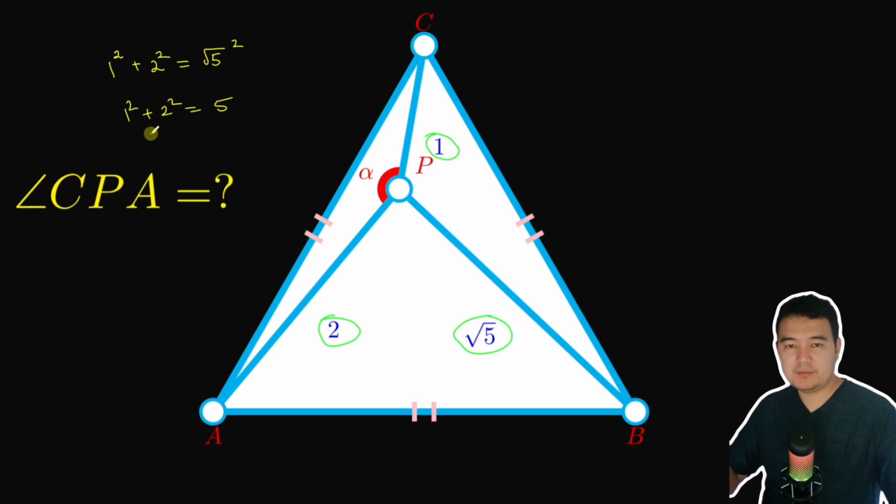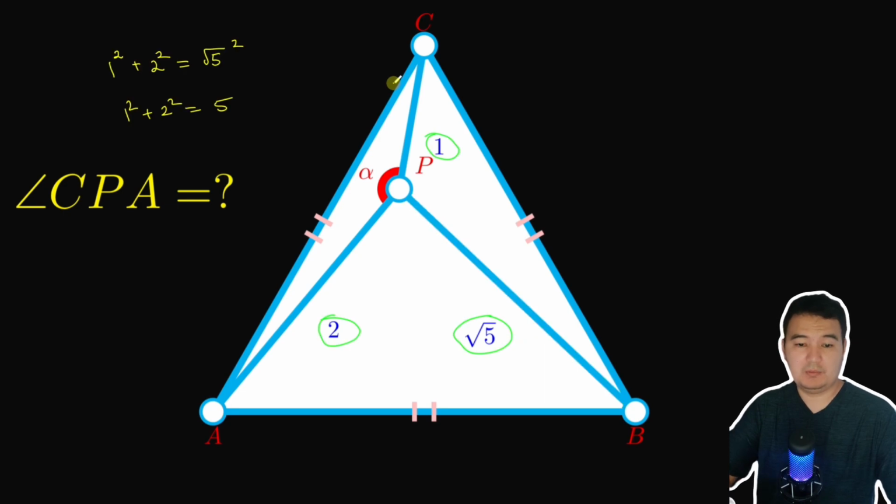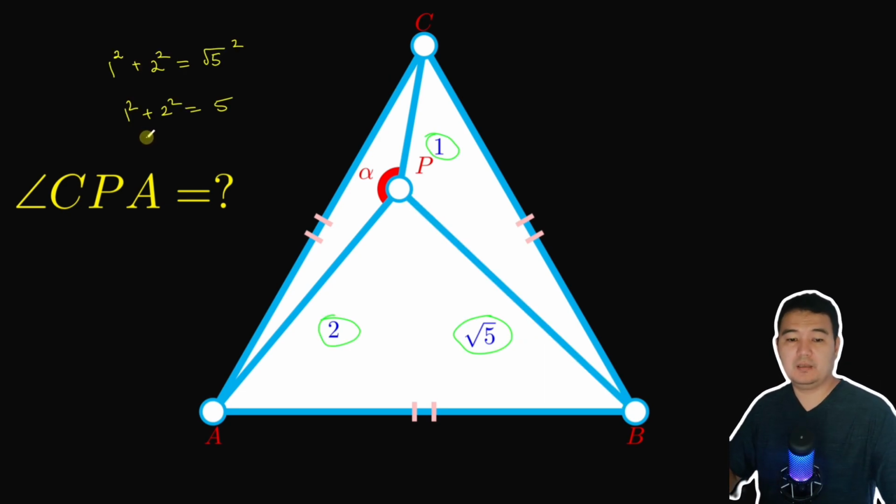Here we see that these three numbers satisfy the formula of the Pythagorean theorem, which means if I were to construct a triangle using these three segments, PB, PC, and PA, that would probably be a right triangle, because they satisfy the equation of the Pythagorean theorem.